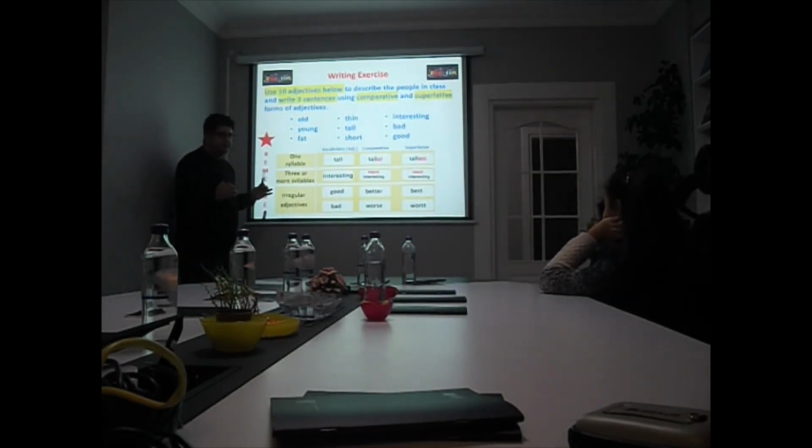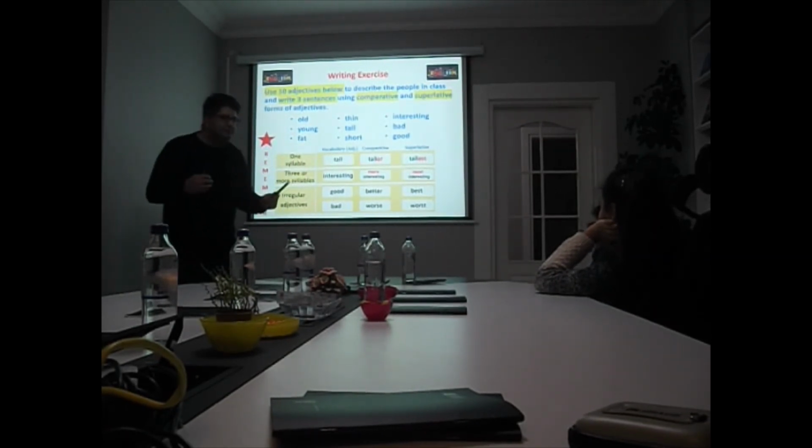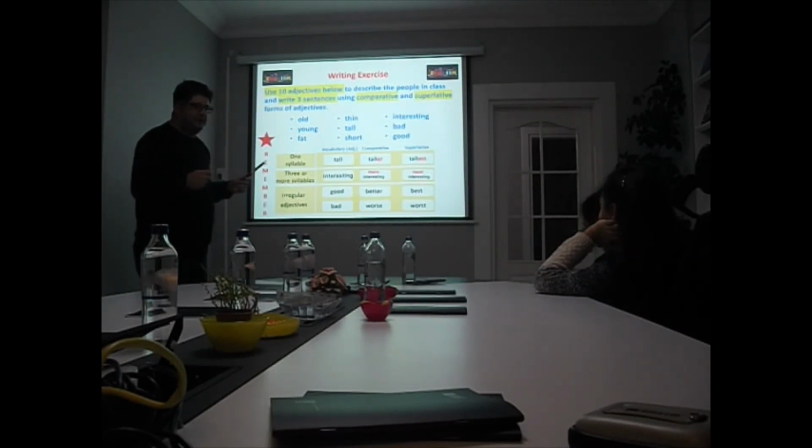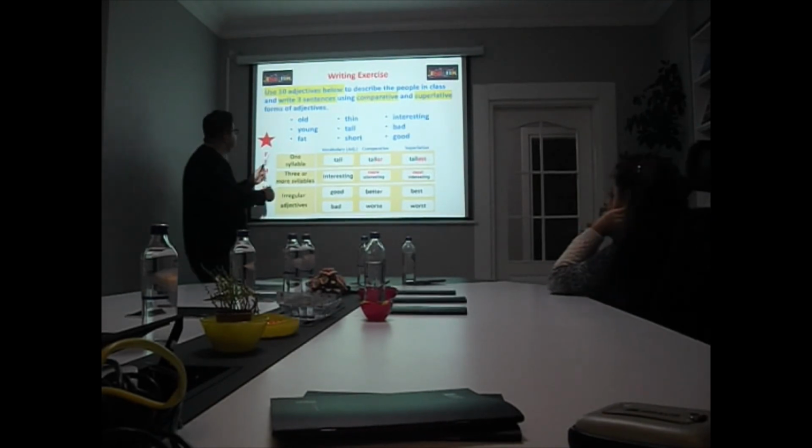What we learned today is one-syllable, three-syllable, and irregular adjectives. Here, you see, there's an exercise. You see nine adjectives here. Can you use one of these adjectives and make comparisons or superlatives in class? Example, the first example.